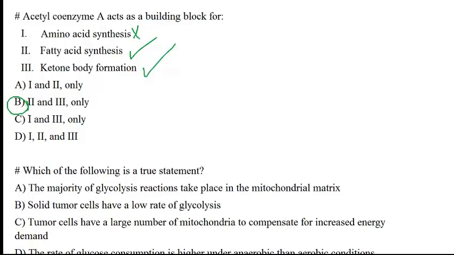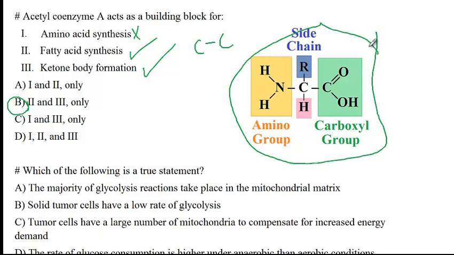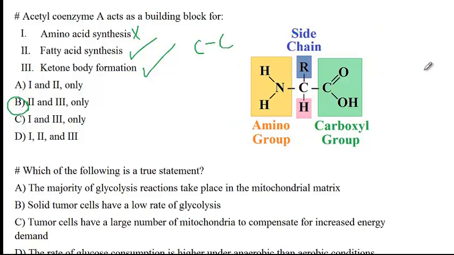If you recall, an amino acid is made of a central carbon, an R side group, an amino group, and a carboxyl group. We are going to, in a separate video, discuss the structure of proteins and amino acids, but acetyl coenzyme A, which is a 2-carbon molecule, is not one of the building blocks for amino acids.